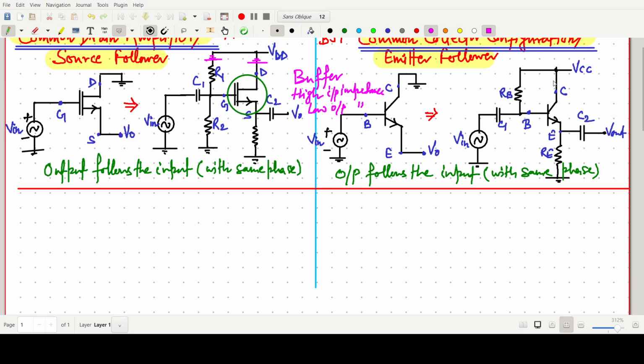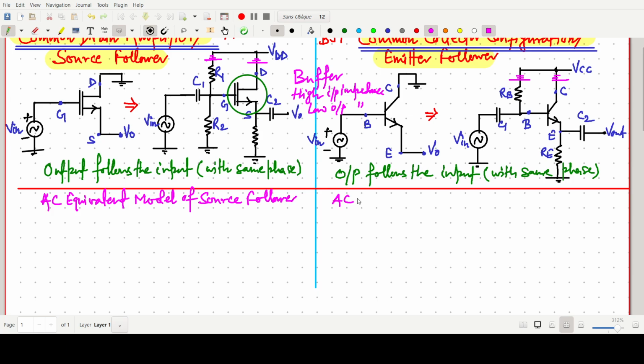In this case also this should be grounded when we go for the AC equivalent model of source follower.